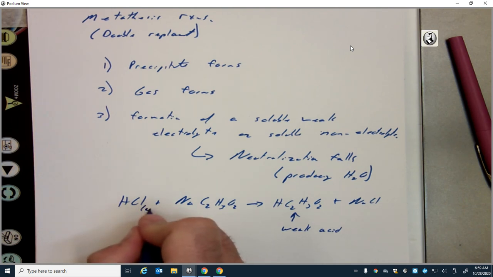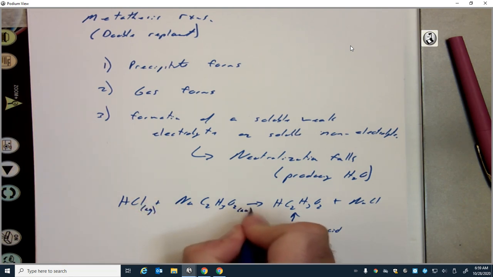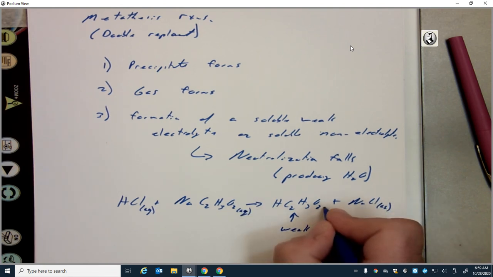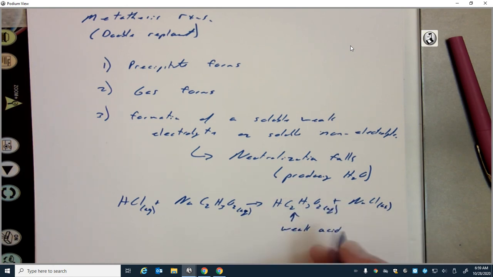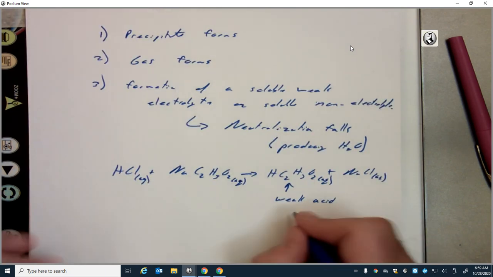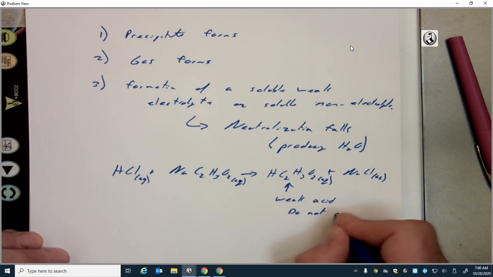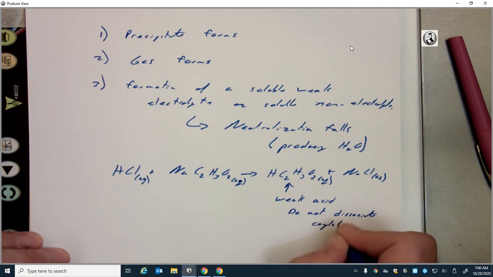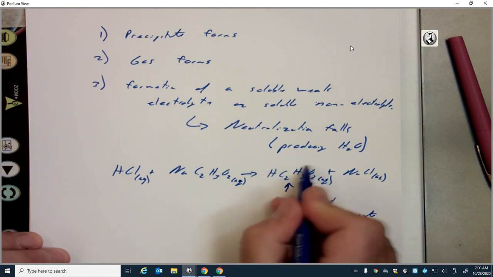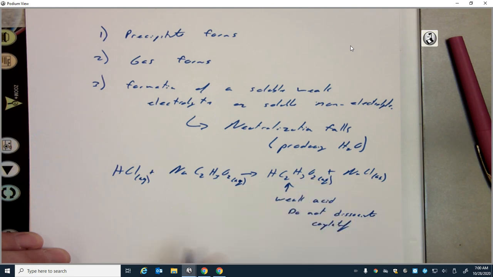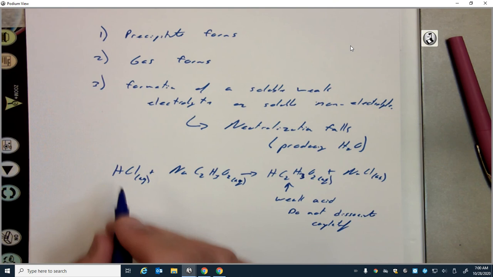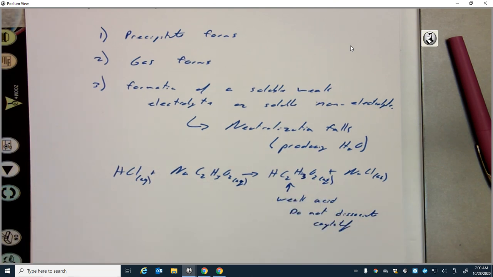So this would be aqueous, this would be aqueous, this would be aqueous. And technically, this is aqueous. But remember, weak acids do not dissociate completely. So we're actually producing HC2H3O2, which means that double replacement reaction will happen.